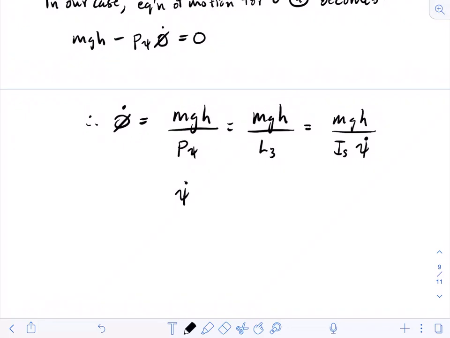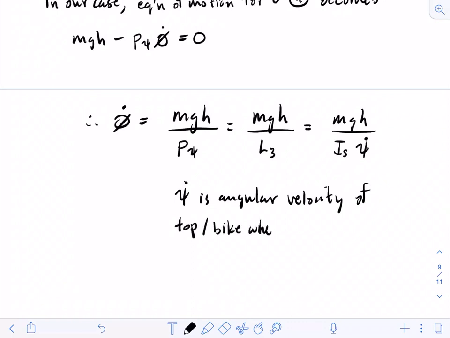Let's just recall psi dot is the angular velocity of the top or bike wheel spinning about the symmetry axis.